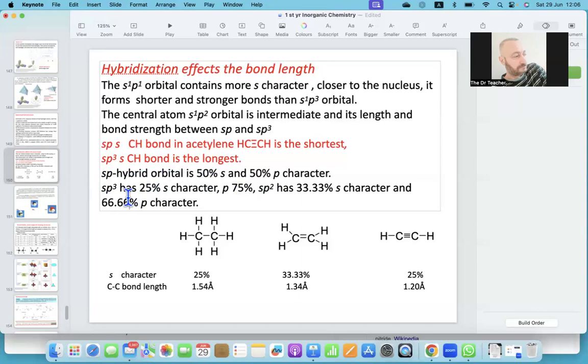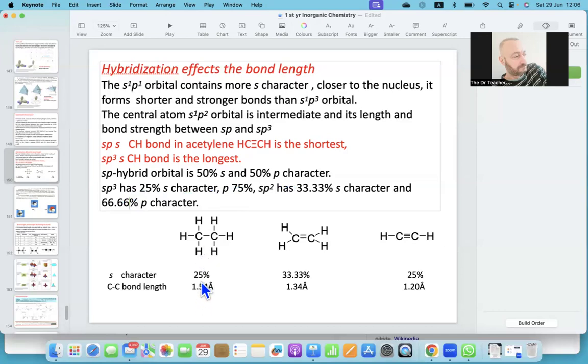The S in the sp3 is 25, whereas the sp2 S is 33%. So as you see, 33 is more than 25%, and 66 of the P is less than 75%.